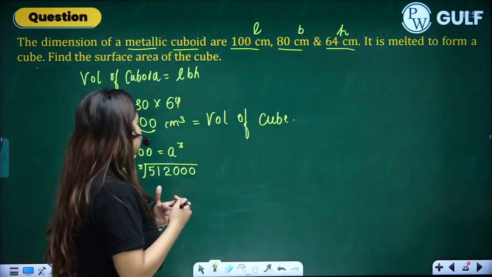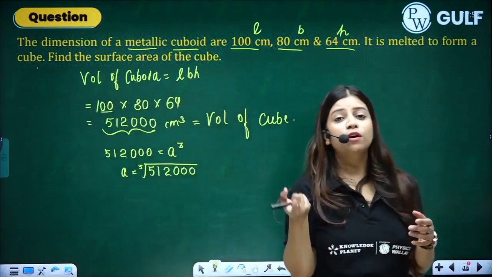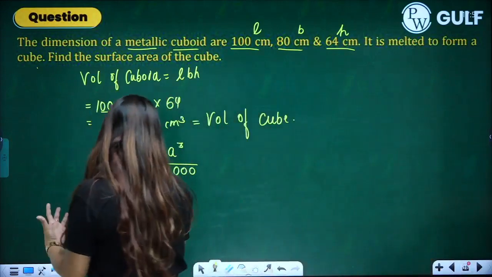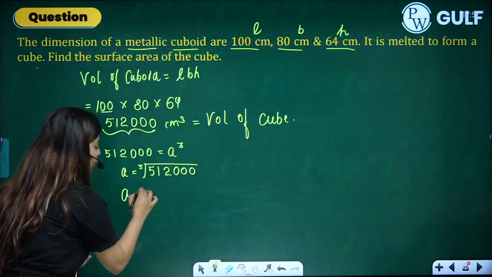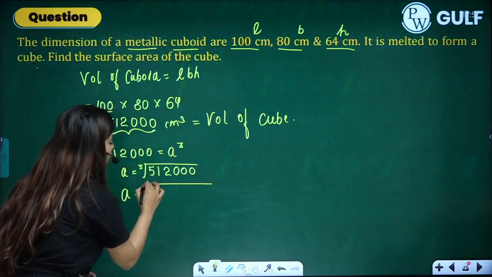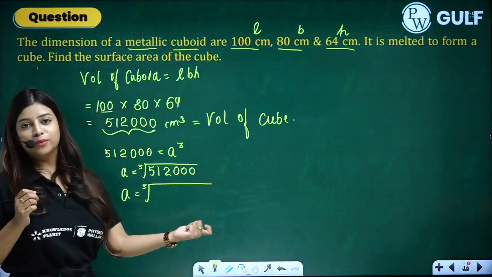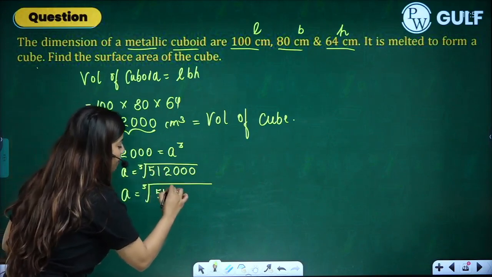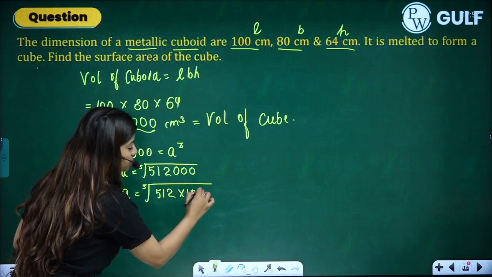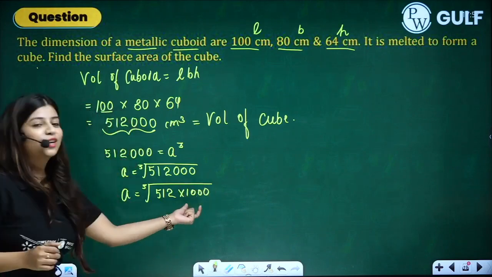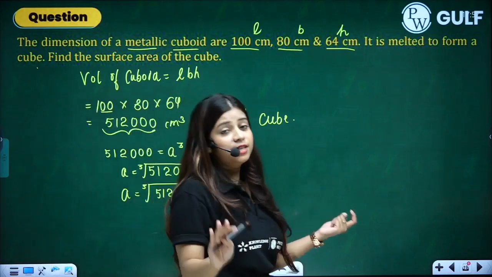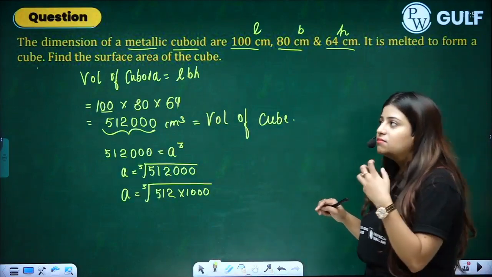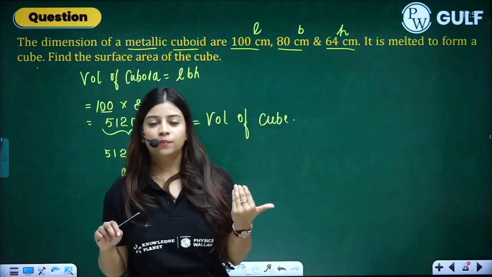Alright, so basically now we have to find the cube root of 512000. Now this big number might be a bit scary for you people, but what you can always do is divide these numbers. You can write this as 512 into 1000. So at least the cube root of 1000 is assured, that is your 10. You know that 7 cube is 343, right?